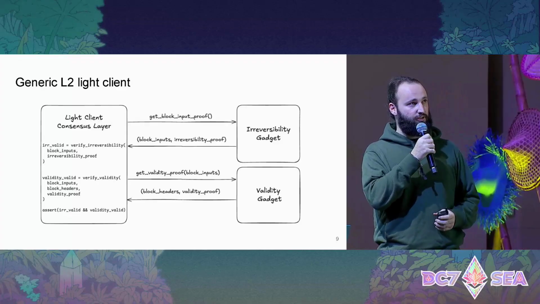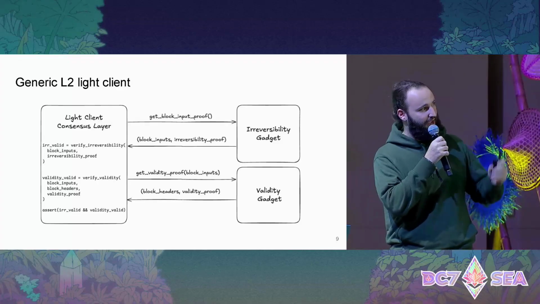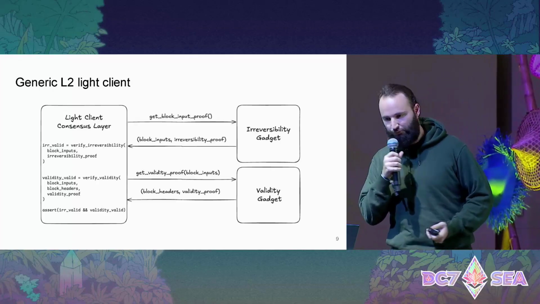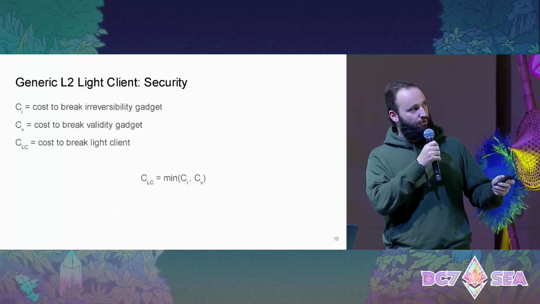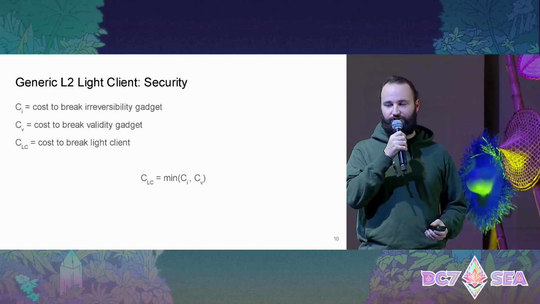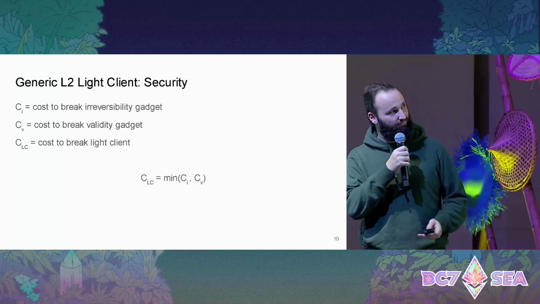And the Validity gadget figures out the block outputs, generates a proof, and sends it over. The light client verifies it, and now we know the block outputs, the block headers, and we've done our job. So to understand the security of this, the security of breaking our light client is the minimum of the security of our Irreversibility gadget and our Validity gadget.